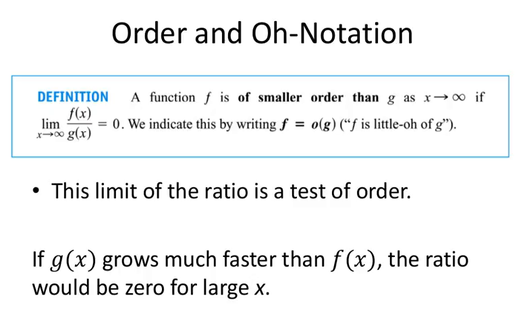You can actually use this limit of this ratio as a test on if a function is big O of another. This is pretty reliable, just a simple ratio of limits. Not too different from what you've seen in Chapter 2.